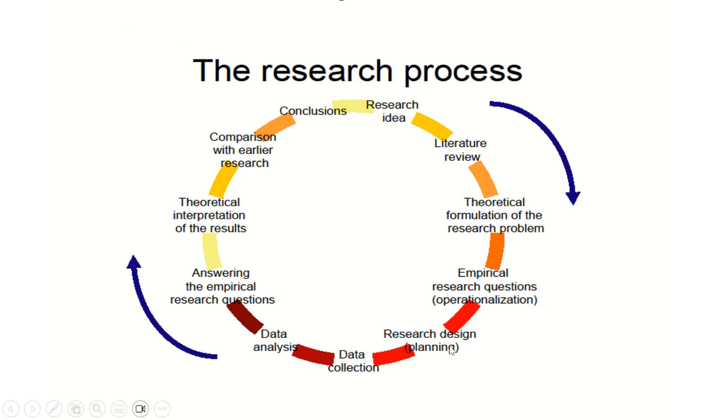And then you will come usually to your chapter 3, if your literature review is one chapter, which would be your research design, your planning, how you're going to collect data, and how you're going to analyze your data. The following chapter would then be the presentation of your results.